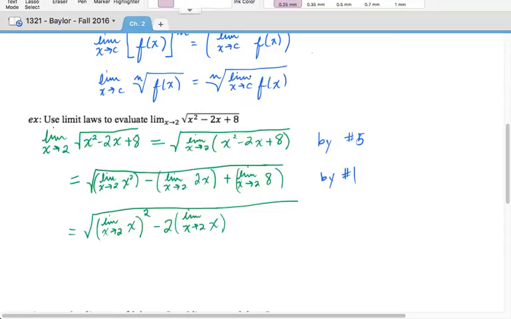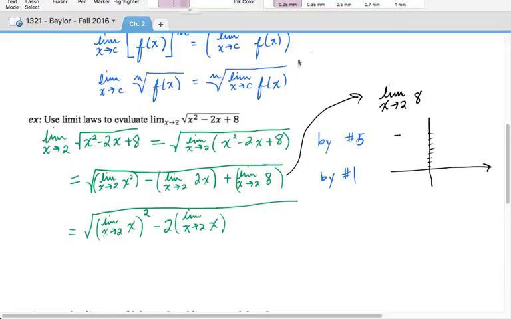So let's just go ahead and find it. Over here in the scratch work on the side, the limit as x approaches 2 of the number 8. Here's an xy axis, 1, 2, 3, 4, 5, 6, 7, 8. Here's the line, let's do it in blue, y equals 8.